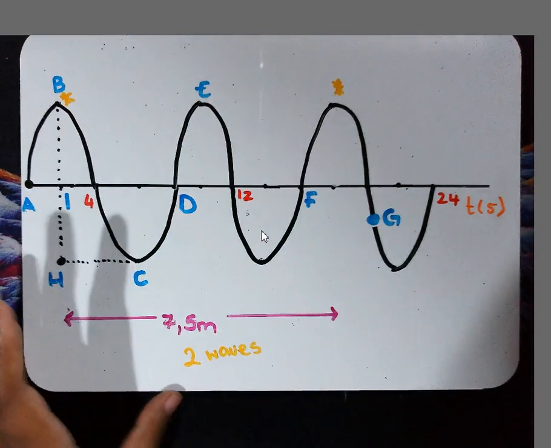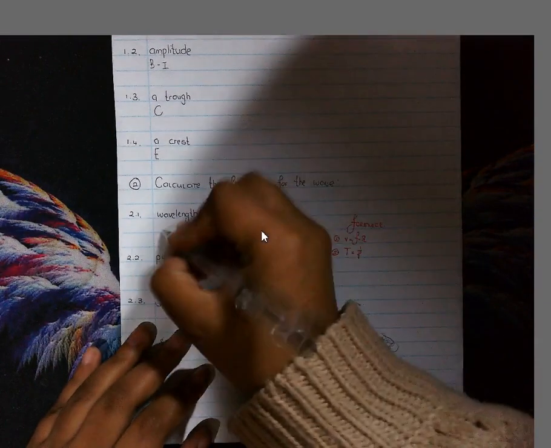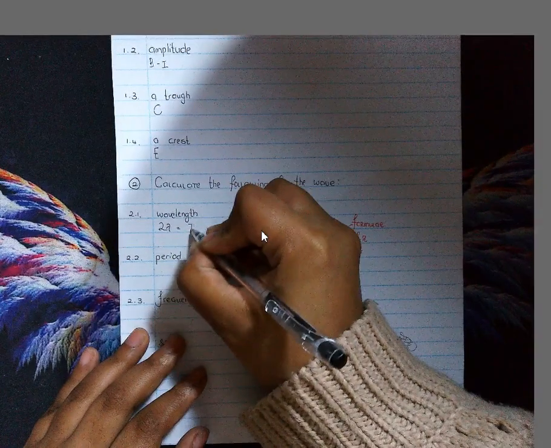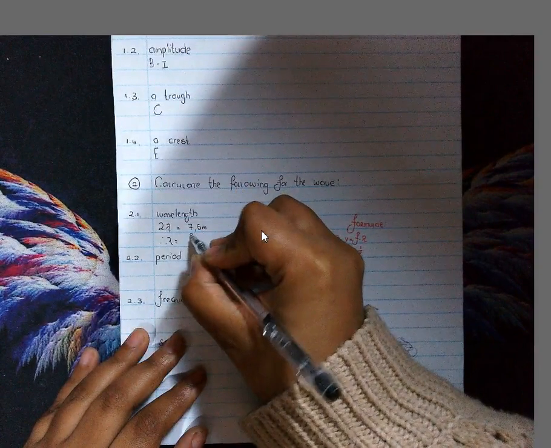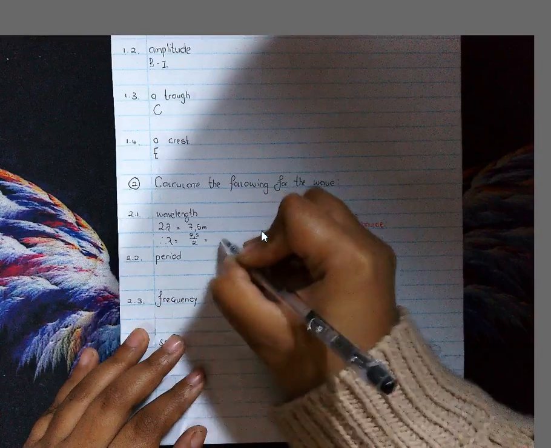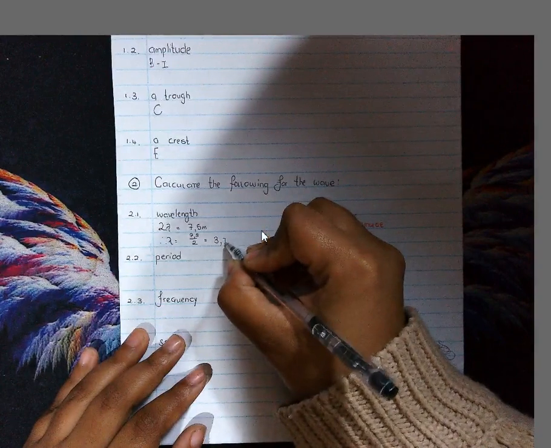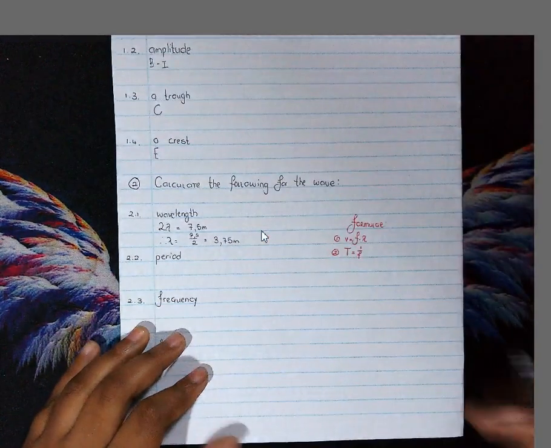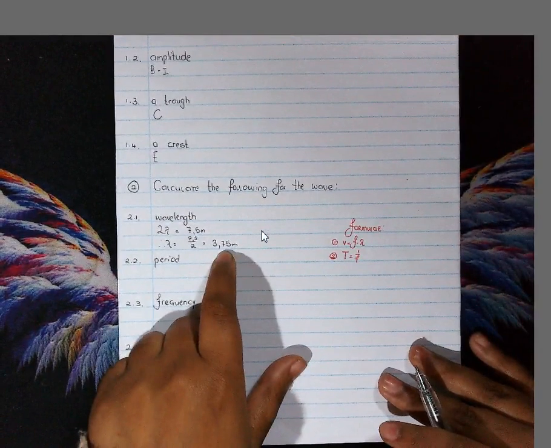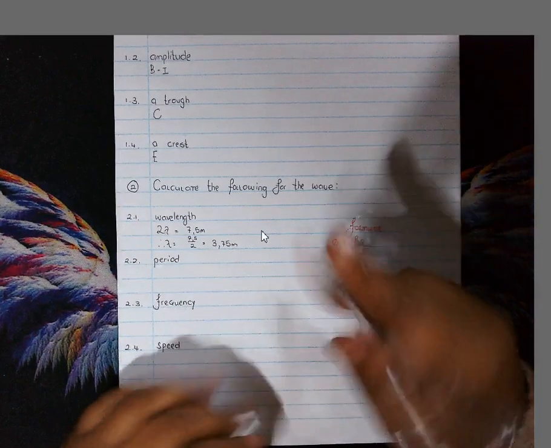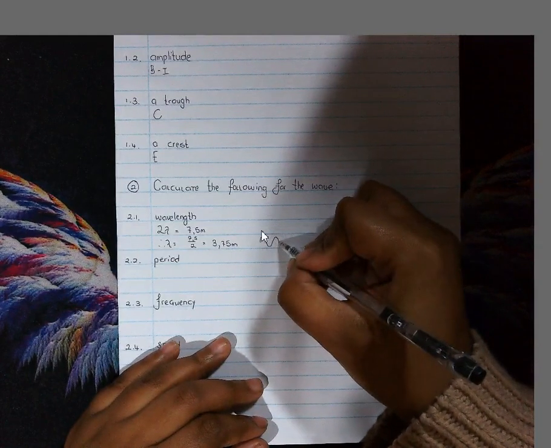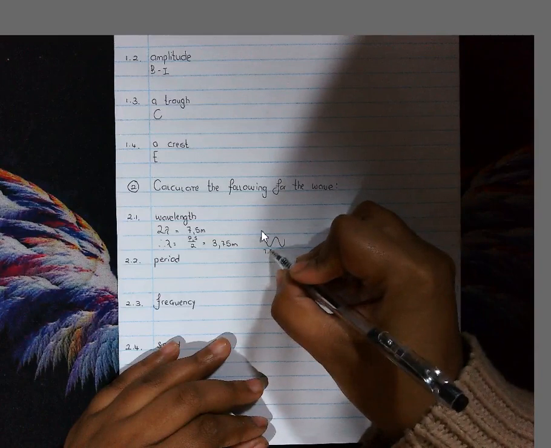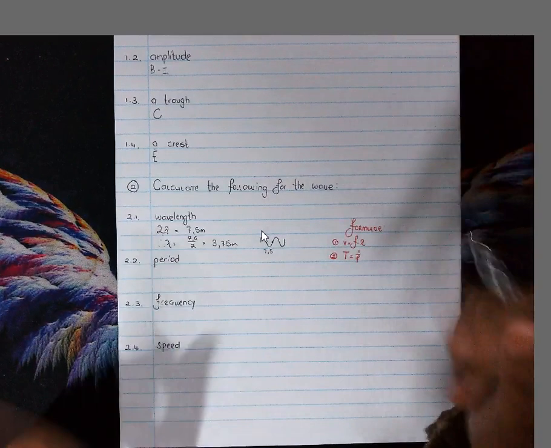So 2 wavelengths is 7.5 meters, and therefore one wavelength is half that, which gives us 3.75 meters. So one wave is 3.75 meters long because two full waves were 7.5, and so a single wave would be half of that.